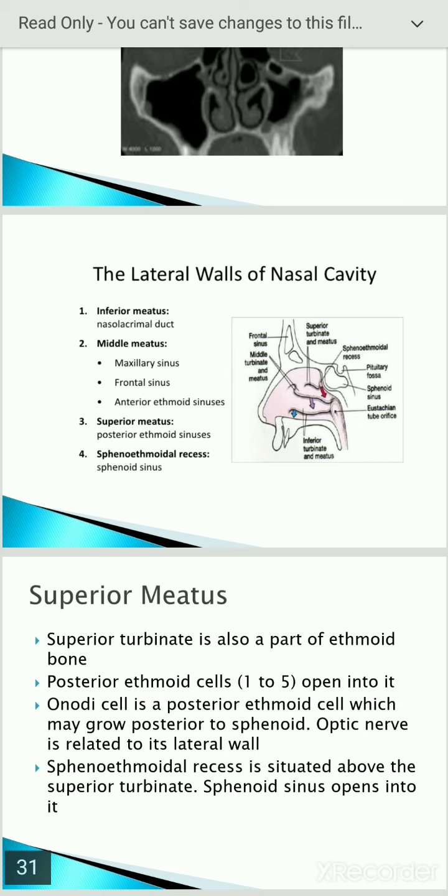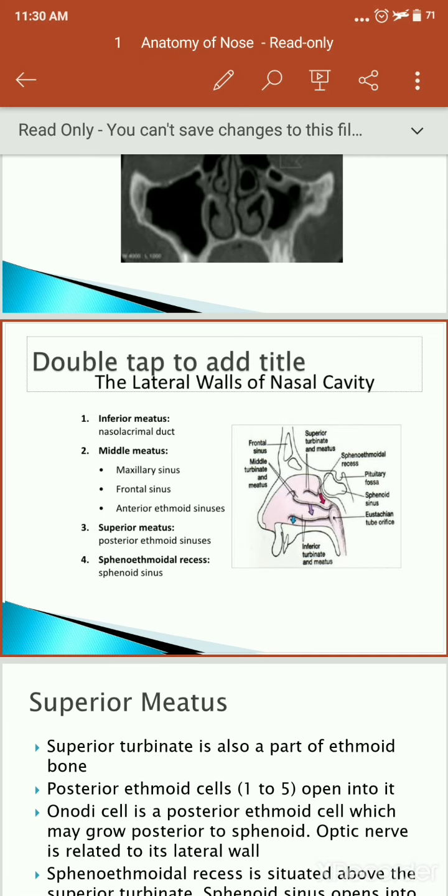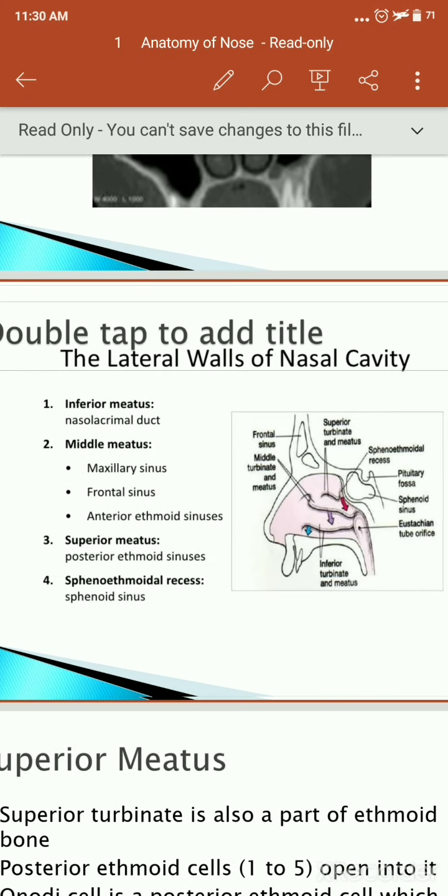So, if we go in detail, this figure shows inferior meatus, which contains nasolacrimal duct, and middle meatus, which has drainage of many sinuses like maxillary sinus, frontal sinus and anterior ethmoid sinuses.